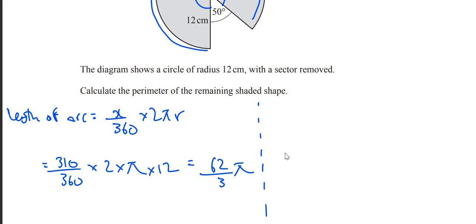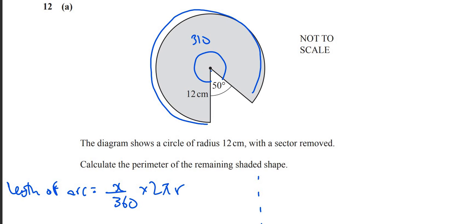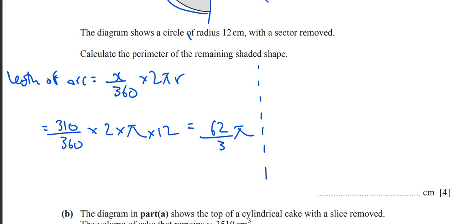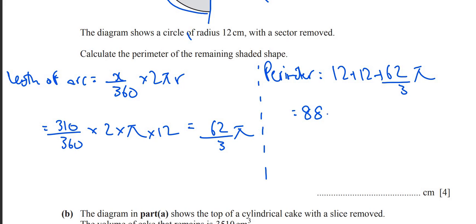Now in order to find perimeter, you will add these two radiuses and arc length. So perimeter is equals to 12 plus 62 upon 3 pi. So it becomes 88 upon 9. 88 upon 9. All right.